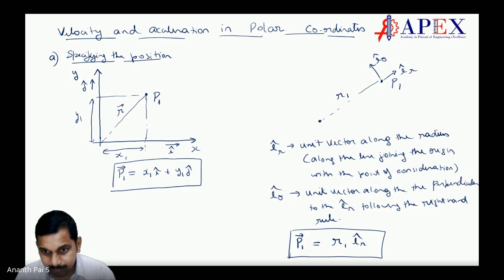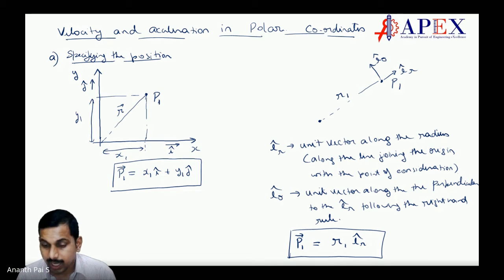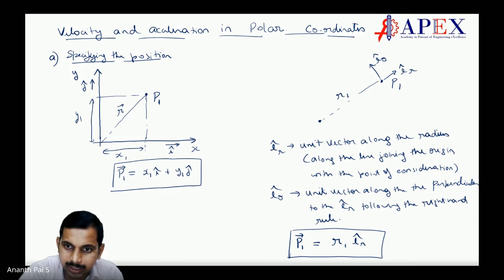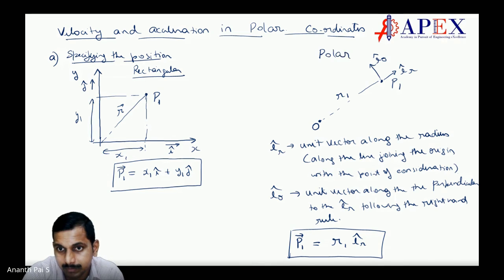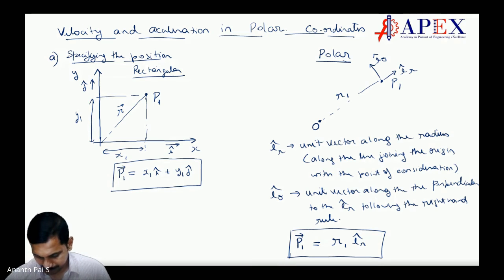Here R1 is the position vector of point P, the distance from the origin O to the position P1. Make sense? This is Cartesian or rectangular coordinates. This is polar coordinates. Make sense?